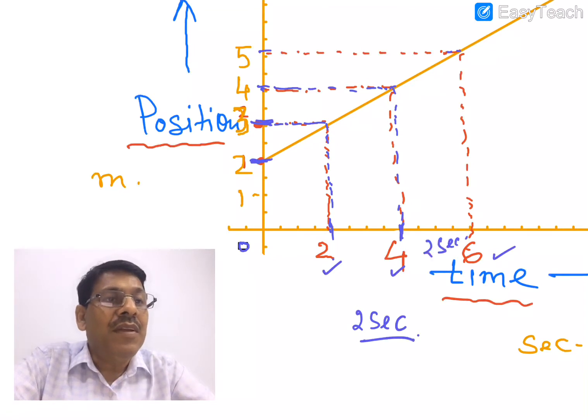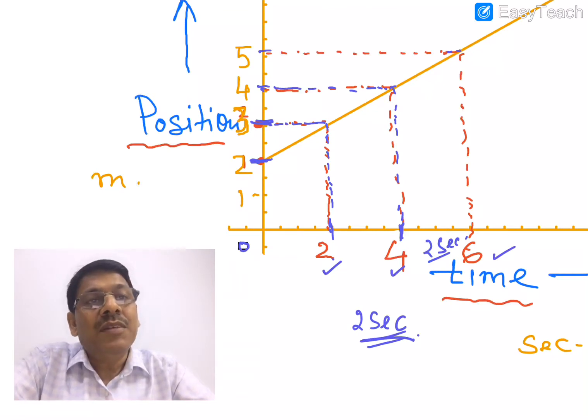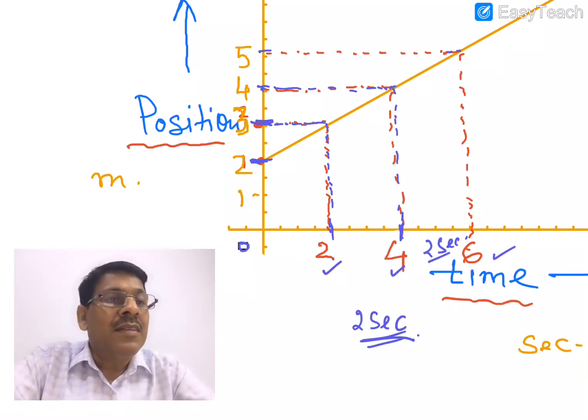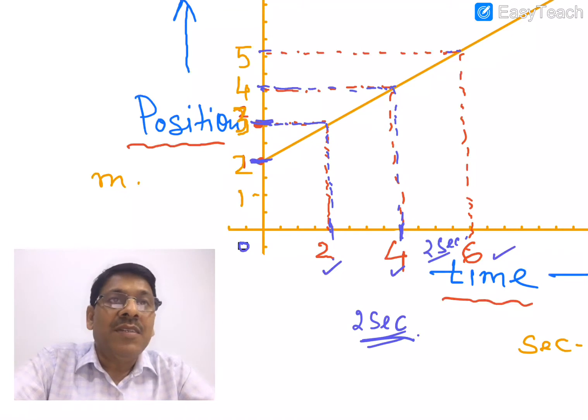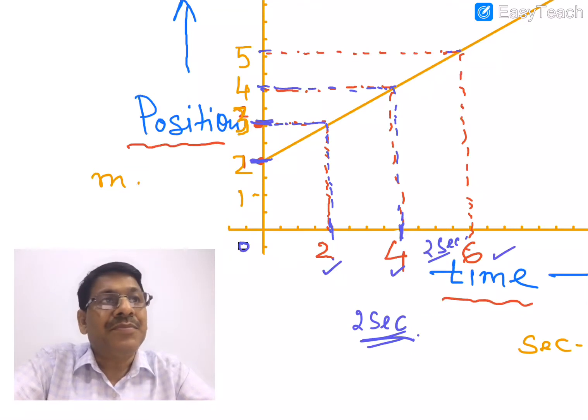The time interval is 2 seconds in each case, by traveling 1 meter. By traveling 1 meter, that takes 2 seconds. This is the position time graph for the uniform motion.